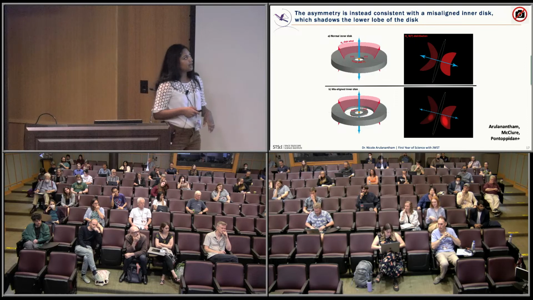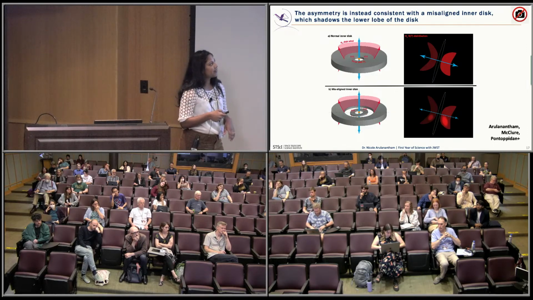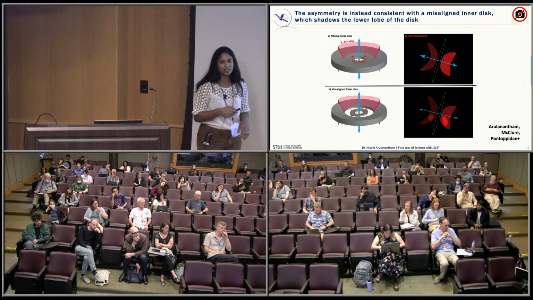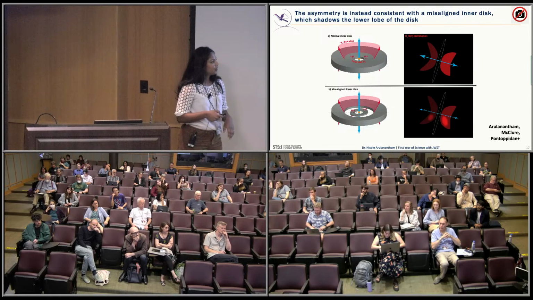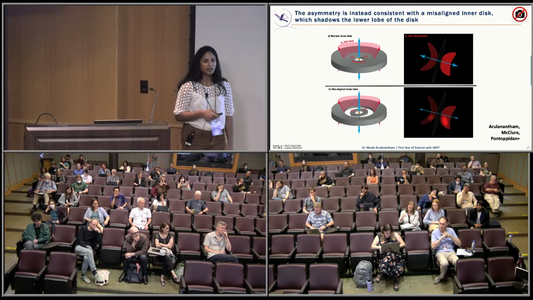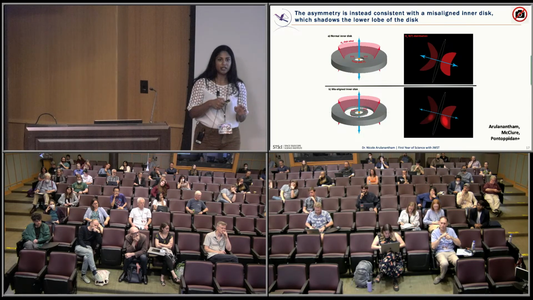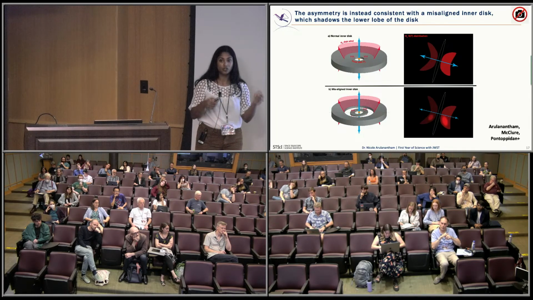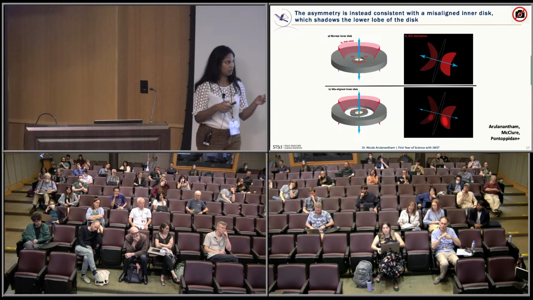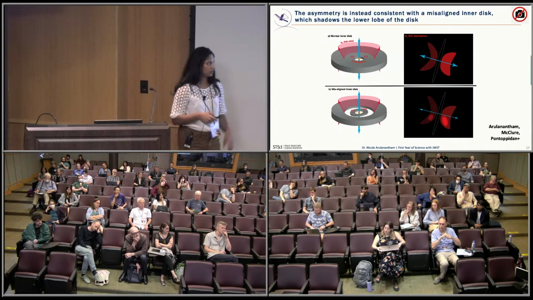So what we think is happening is that instead of having this really nice class 2 disk with no weird structure, the inner disk has become misaligned. And we can actually measure this by looking at the tilt of the jet emission that we resolve in the images with respect to the gas emission lines.